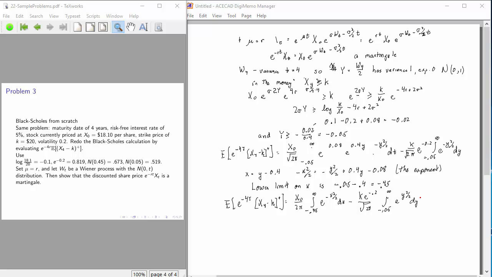And then remember that when you integrate the normal density function from a to infinity, you get the same as if you had integrated it from minus infinity to minus a.